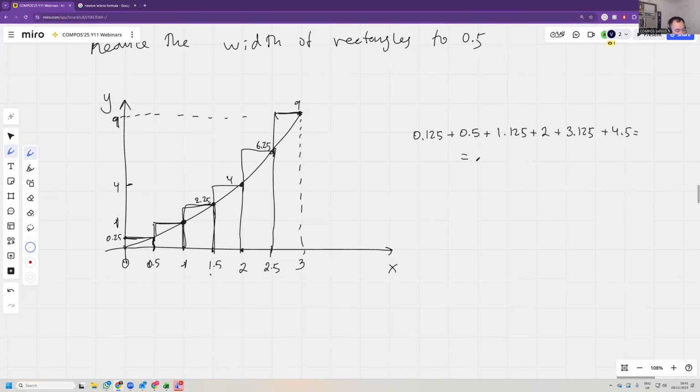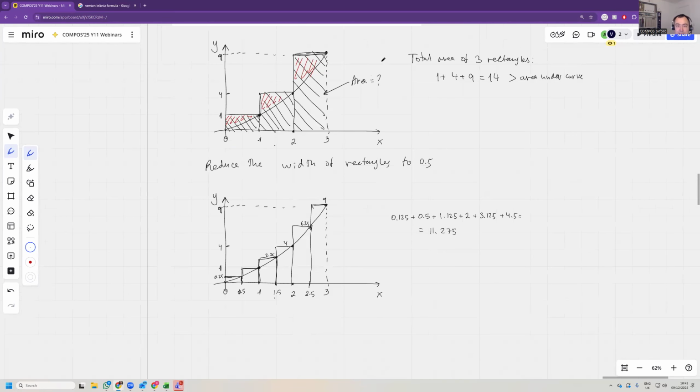And if I add all of these together, 0.125 plus 0.5 plus 1.125 plus 2 plus 3.125 plus 4.5, that gives me 11.275, which is less than 14.